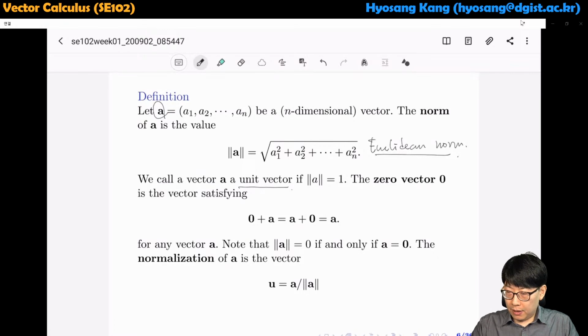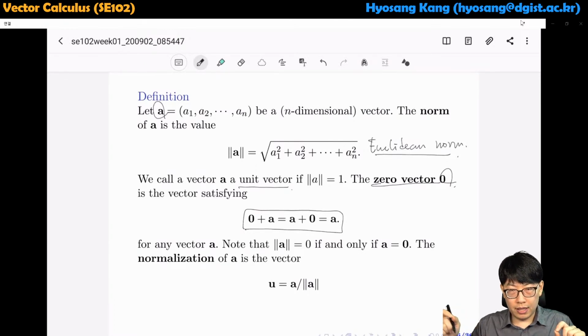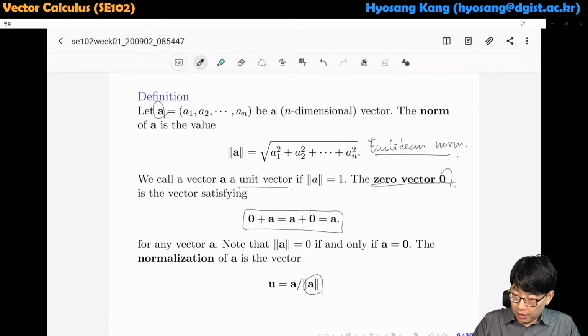Okay. And there is a special vector called the zero vector, which has no length. This vector satisfies the equation that if you take the vector sum of the zero vector and any other vector, it doesn't change the vector. So 0 plus a and a plus 0 is always a. And if you have a non-zero vector, then you can always normalize it, which means you can set the length of the vector to be 1 by dividing by the norm of vector a.